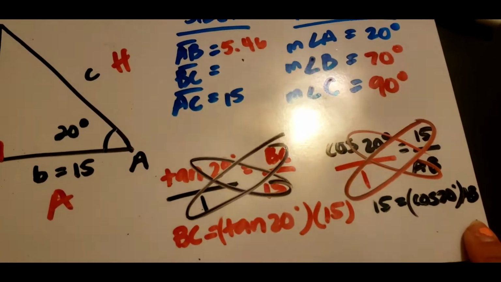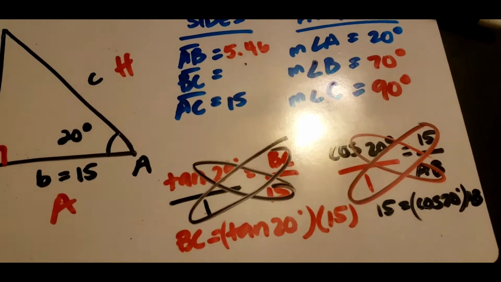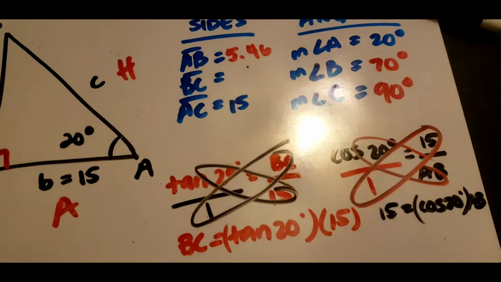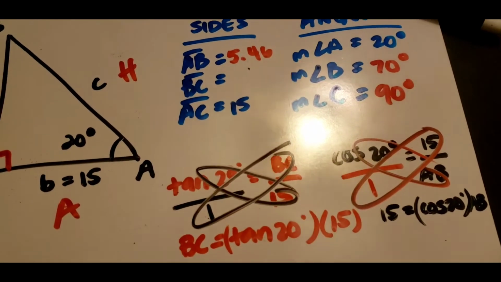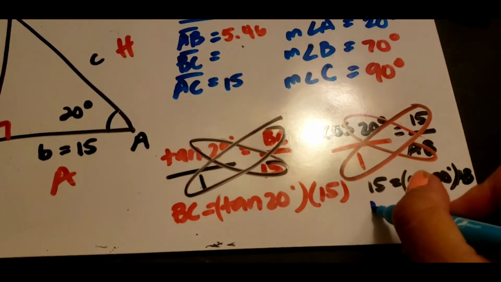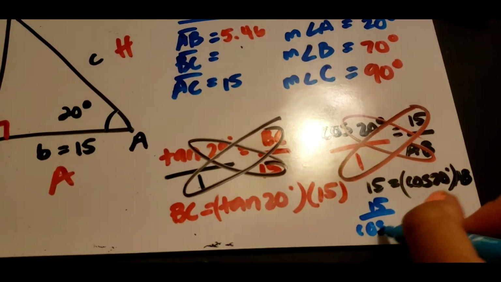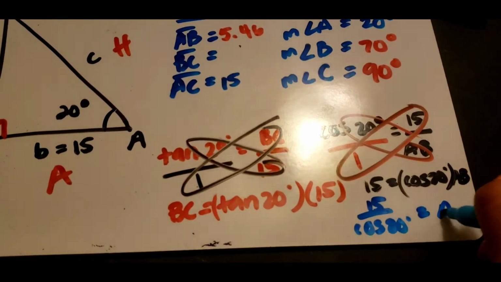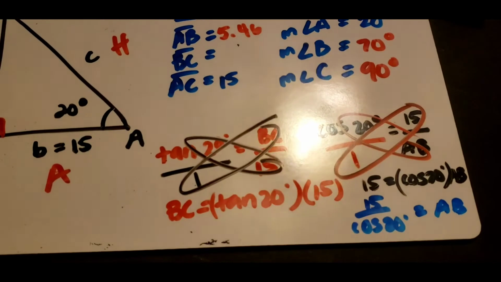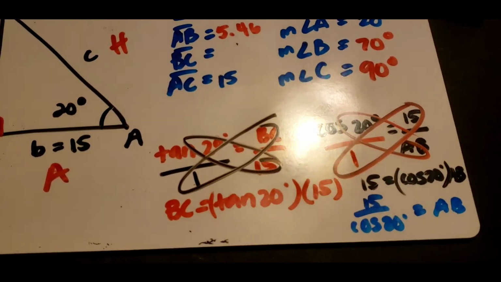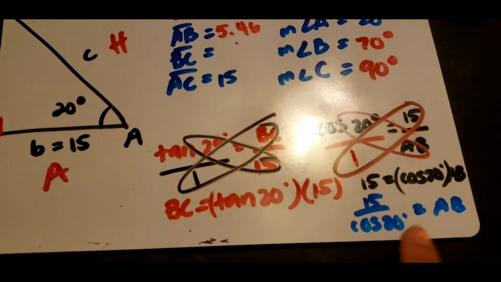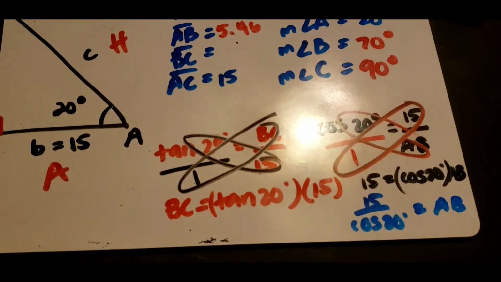But we have to solve for AB, so then you're going to divide by cosine. So basically what you're going to have is, let me write it, 15 over cosine of 20 degrees equals AB. Okay? And it's not until I isolate my unknown that I use the calculator, okay?